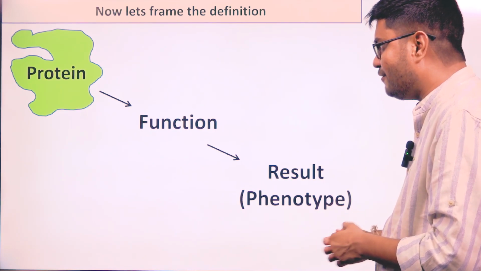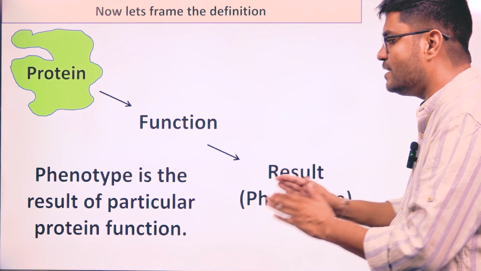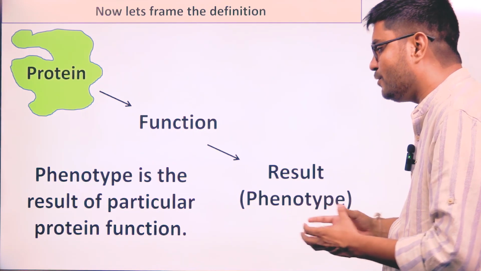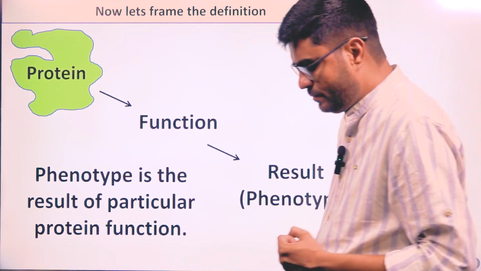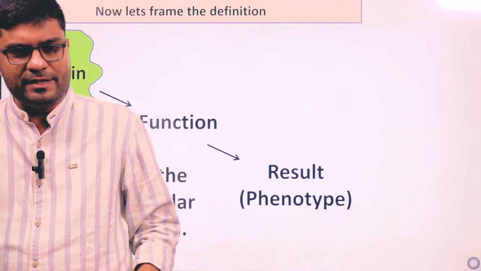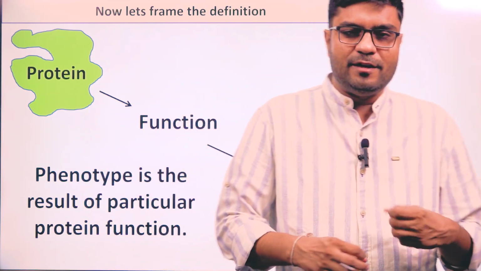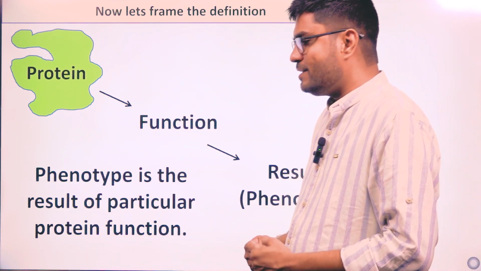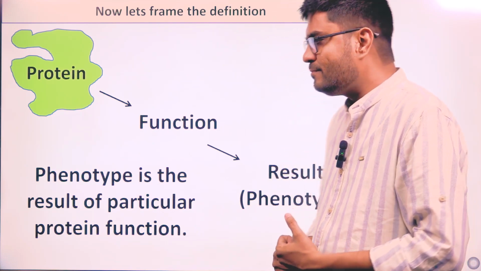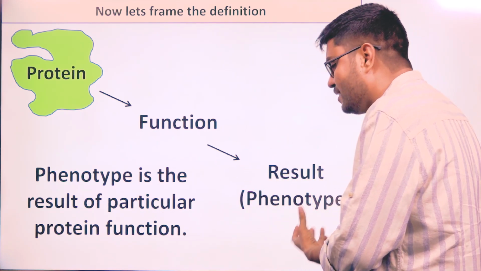So now our definition of phenotype is the result of a particular protein function. Whenever a protein is functioning, whether it is catalyzing a reaction, making a new structure, or giving a new character, the result of that function will be considered as what?